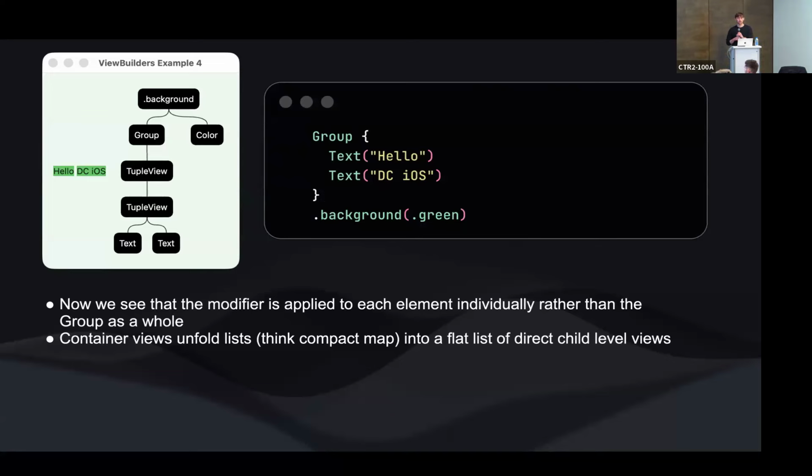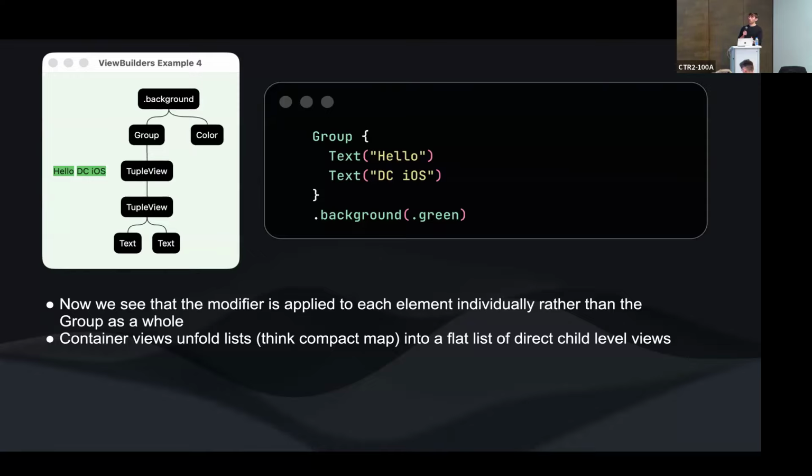And so this is because container views like group, or even HStack, you might have noticed displaying this behavior, unfold lists. You can think of it like a compact map from functional programming. It unfolds lists into a flat list of direct child views. So even though we have our tuple view and our view tree here on the left side, we can think of it as the background view having three direct children: the two text views and the color view.